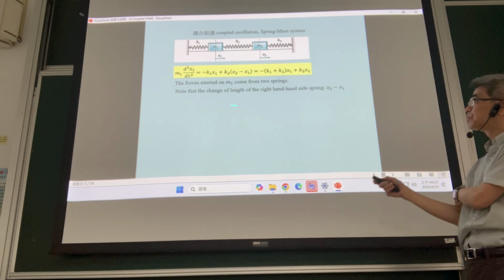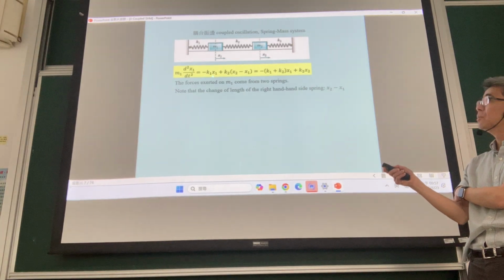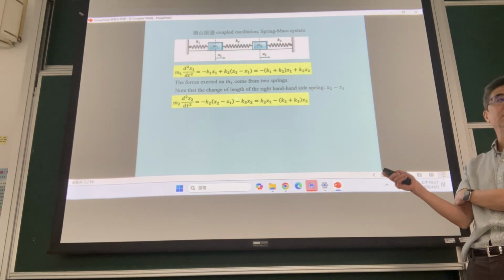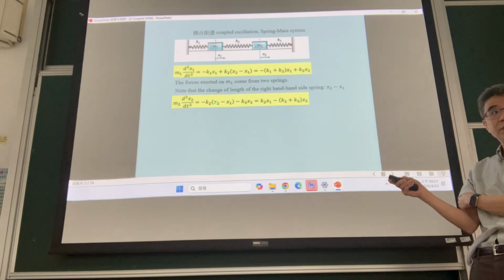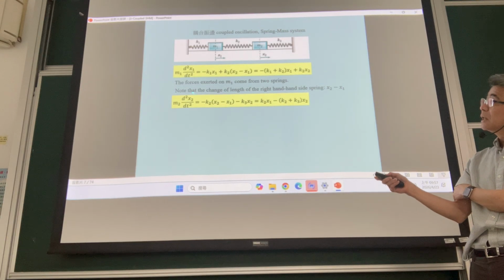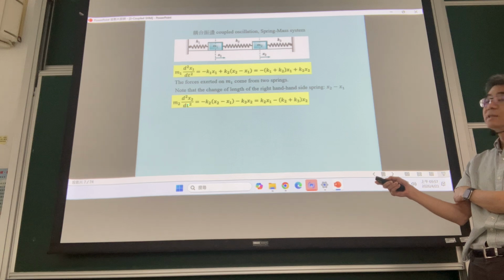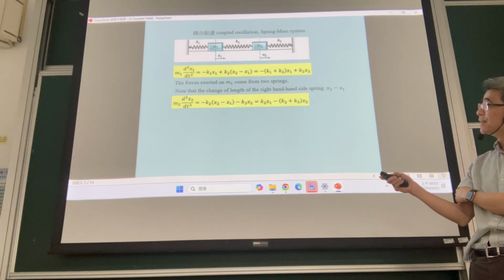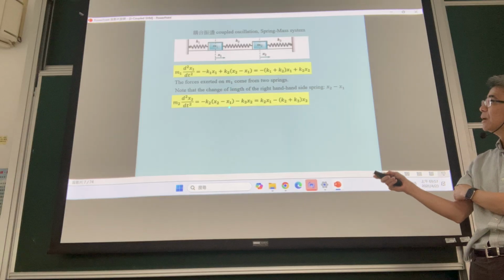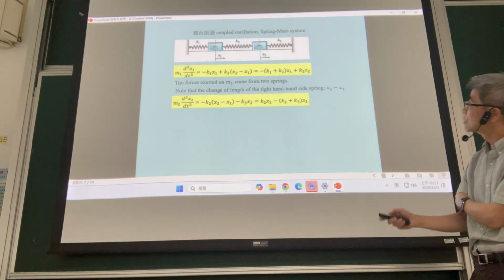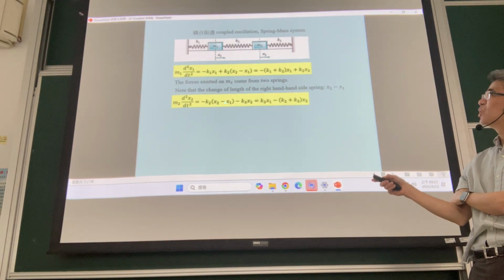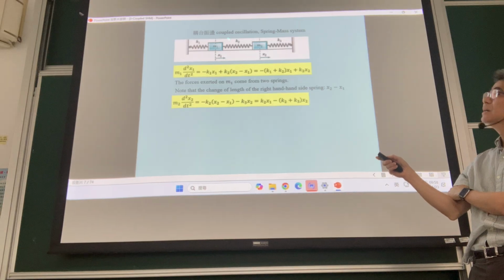So that's the x1 equation of motion, and x2 will be described by a very similar equation. We will not go into detail, but you can do it on your own. d²x2/dt², the acceleration of mass 2, is equal to minus k2 (x2 minus x1). That's exactly the same force exerted by the second spring on M2.